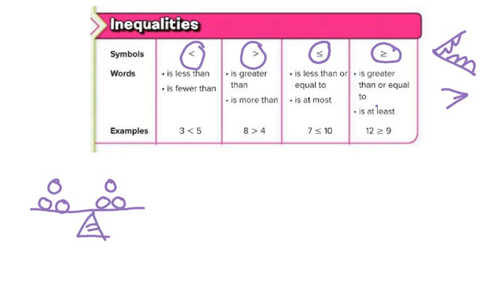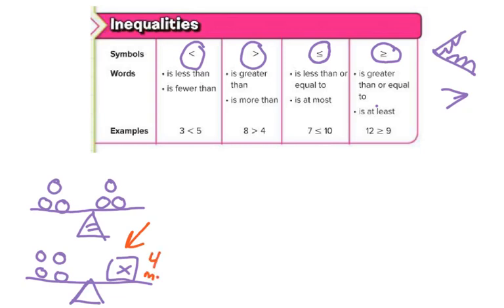So when solving equations to find an unknown value, if I had 4 marbles on the left side of a balance and an unknown amount of marbles in a box on the other side, there's only one possibility, because in order for the balance to be equal, there has to be 4 marbles on this side as well.